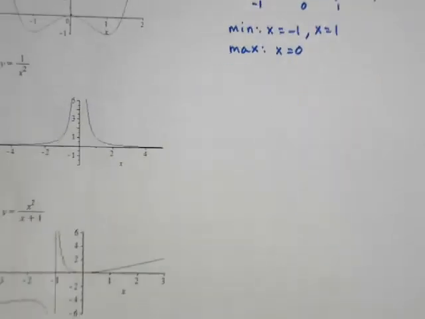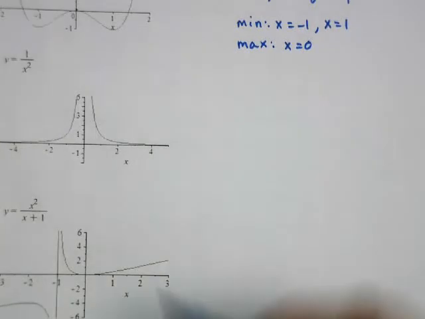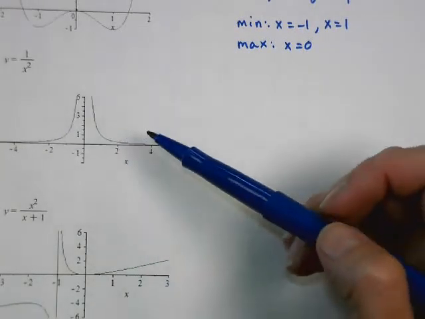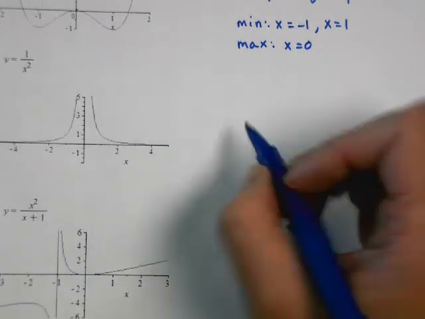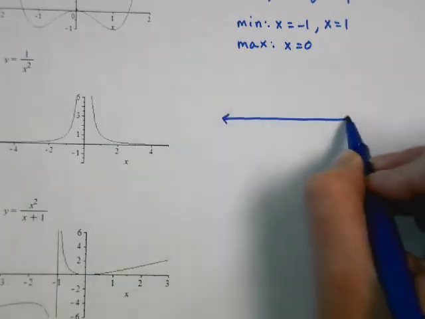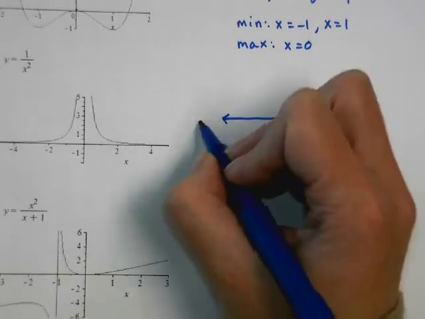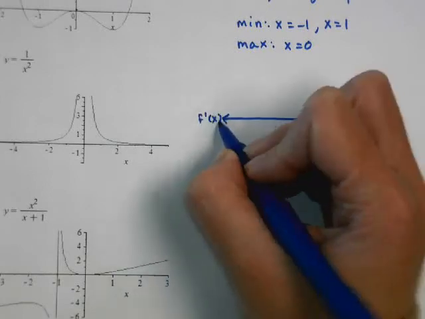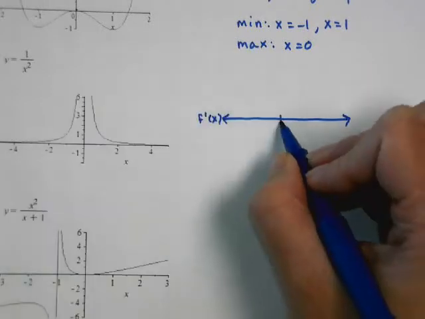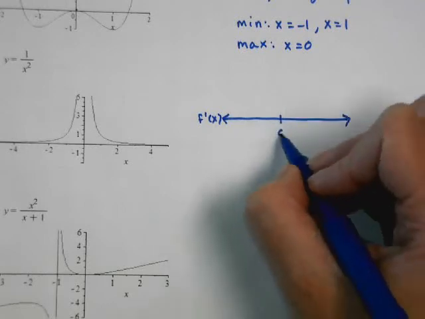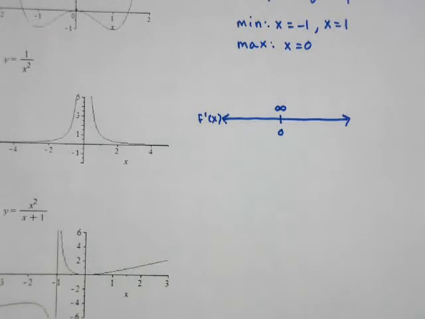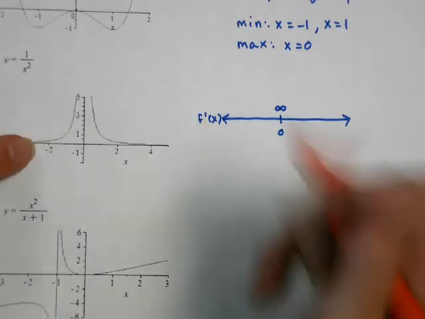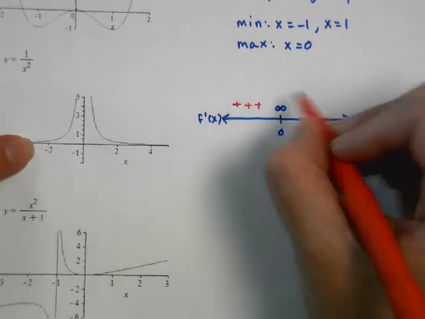This next one, looking at this graph, we can tell that there are no maximums or minimums. So how do we tell that on the number line? So let's take this graph and put it on the number line. The only place where the derivative is undefined is at 0. And I'm going to put an infinity there because there's an asymptote there. So this graph goes from positive to negative.